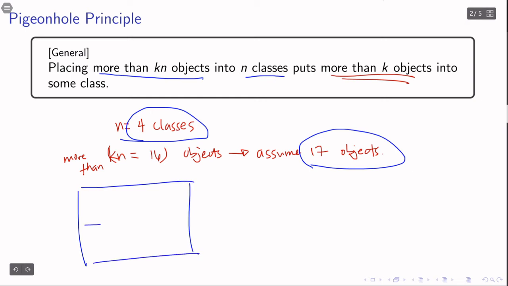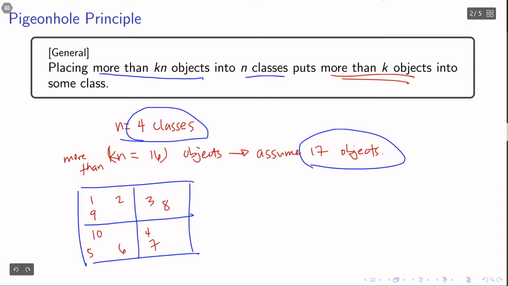Well, you can think of the 4 classes as these 4 boxes: upper left, upper right, lower left, and lower right. Okay, 17 objects, so let's start putting them in. Maybe you could put the first object here, and then the second object in the same box, maybe the third here, and so on.